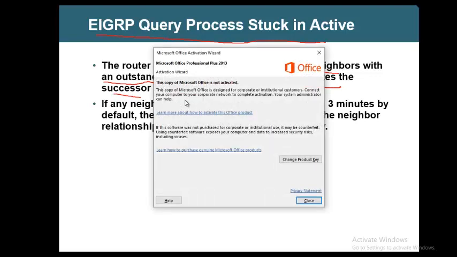So what I was telling earlier is, if one router responds with the reply for the query, that's not sufficient. It will wait for all other routers so that it can compare the replies and take the best one.